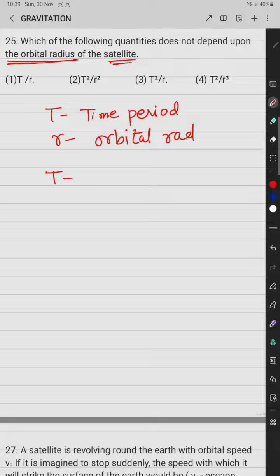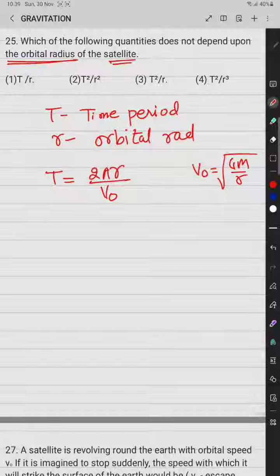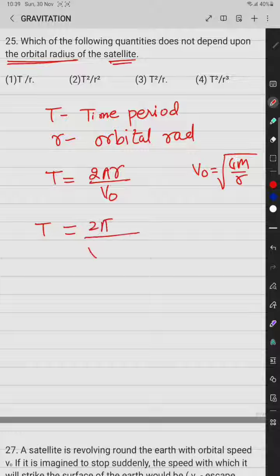We know time period is equal to 2 pi r upon orbital velocity, and the orbital velocity of the satellite is under root gm by r. So we can say time is equal to twice of pi root of gm, and that is r, and root r is r to the power 3 by 2.